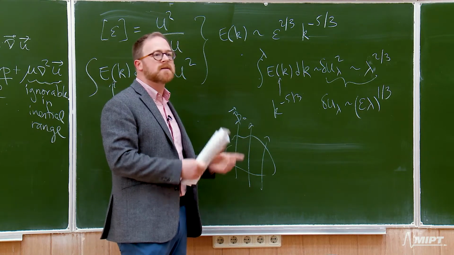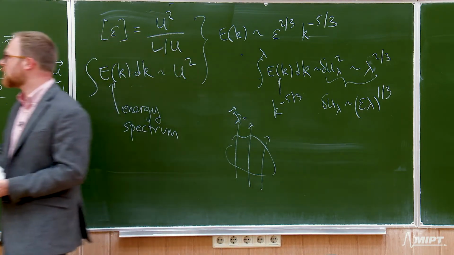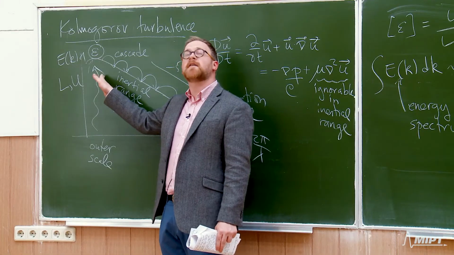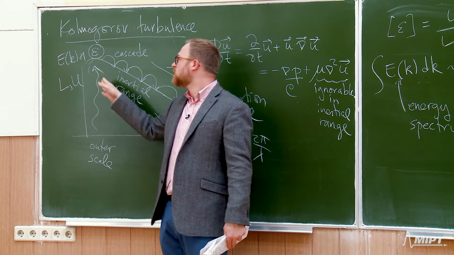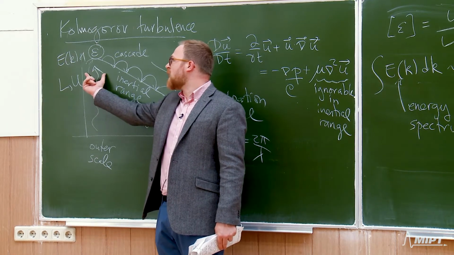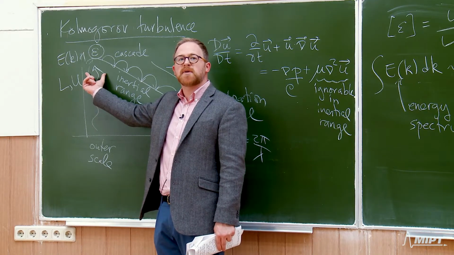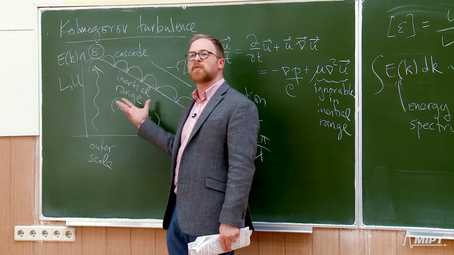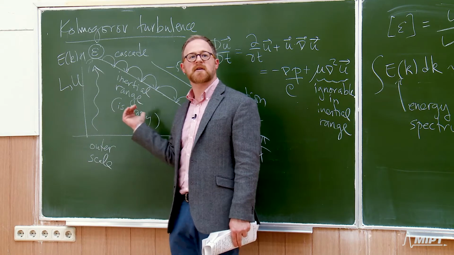The argument in the Kolmogorov case is that it's isotropic if I'm far enough away from the driving scale. So there might not be isotropy at the driving scale, but if I go far enough down the cascade, things will look homogeneous enough that I can just apply these arguments.